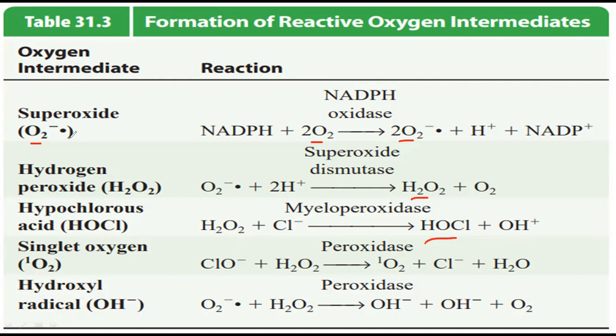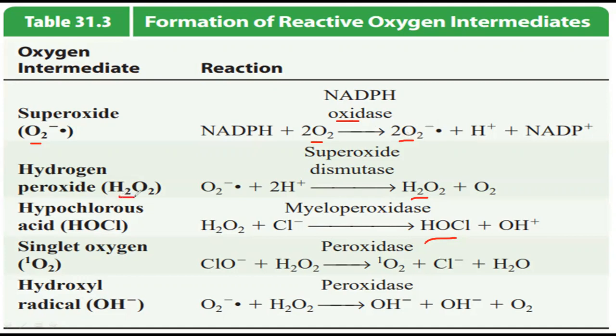So what does it do? The superoxides have the ability to easily oxidize each and every component of the microorganism. These enzymes are present in the lysosome of the immune cell. So what do these enzymes do? They use the oxygen taken by the immune cells for respiration. This oxygen can conduct respiration, and it can also be converted into superoxide or hydrogen peroxide.